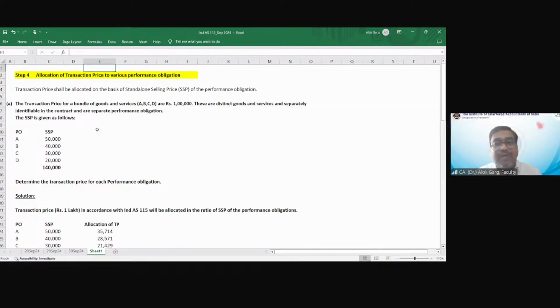How to allocate discount in the various performance obligations, and what is the treatment of variable consideration in the various performance obligations while allocating the transaction price. Okay, it's 8:22. Let's have a 10 minutes break and then we will start discussing the illustration on this aspect.